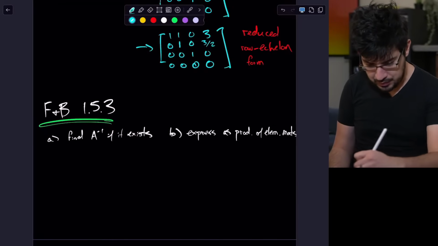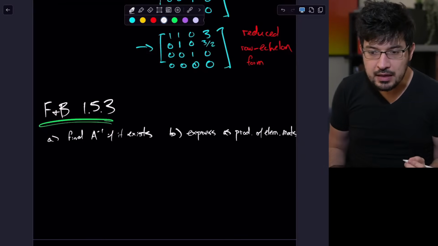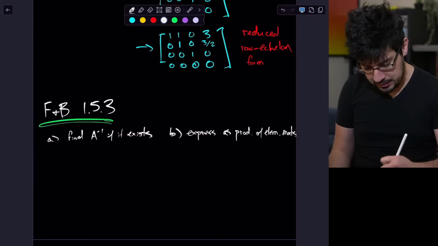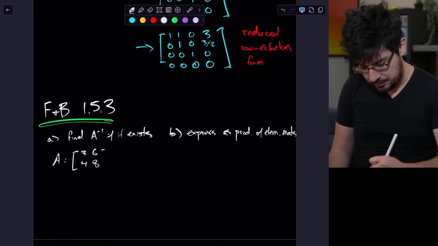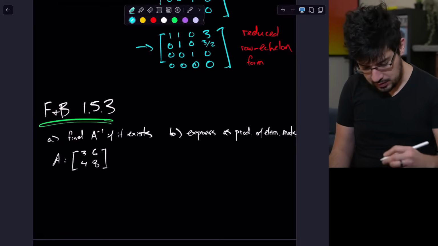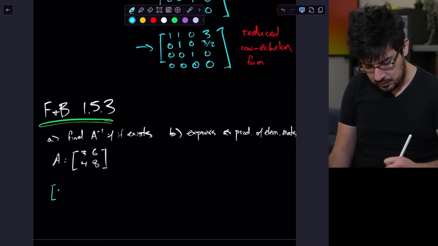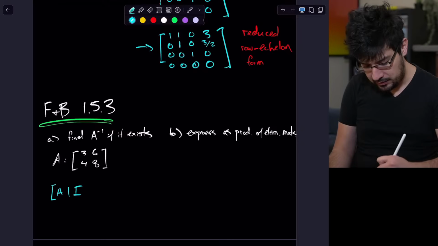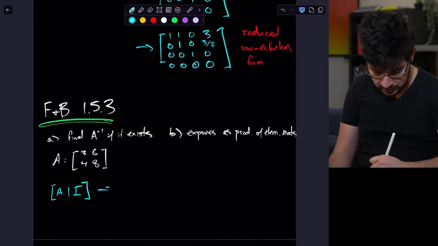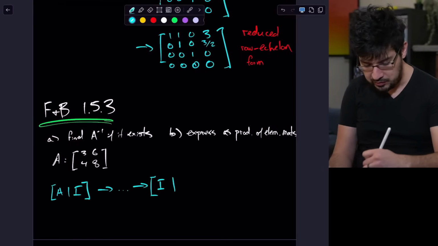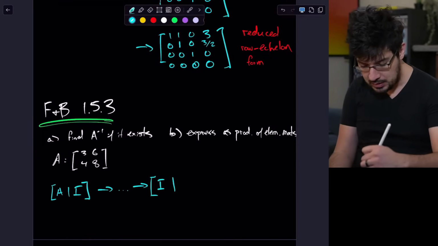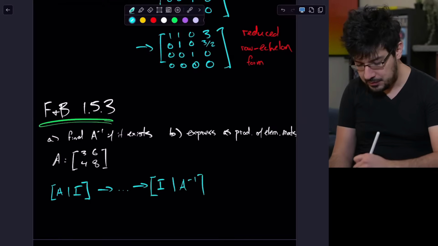So, in this problem, A is 3, 6, 4, 8. Okay, so to solve a problem like this, we want to write this modified matrix, do a series of elementary operations, and if possible, row reduce this to the identity with the inverse matrix on the right hand side.